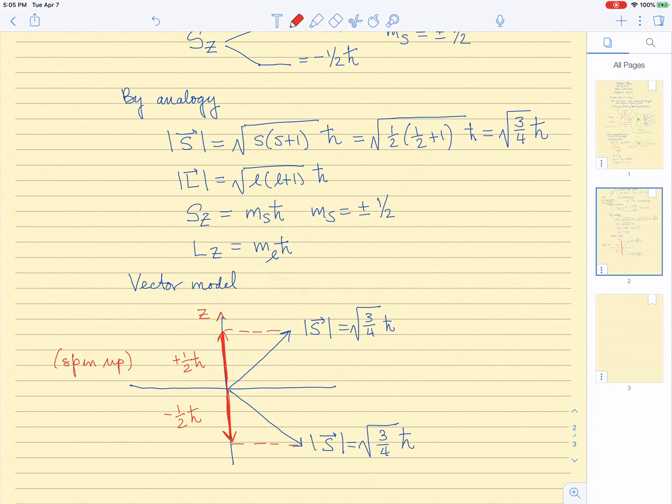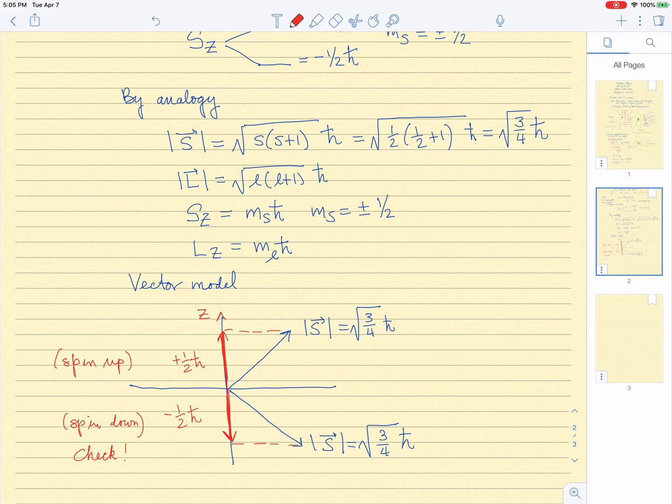Hang on here 1 second. And spin down. I want to check this, because that might be opposite, because remember this is the, no, this is good.